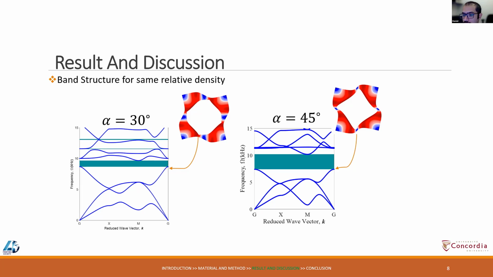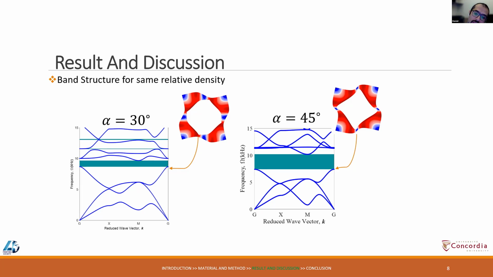And by changing to 45 degrees, we can see it's at the maximum area for this structure, because I will show you in the next slide. It can filter a specific area between around 7 kilohertz to 10 kilohertz.